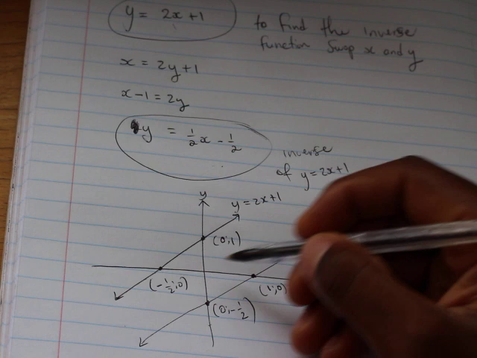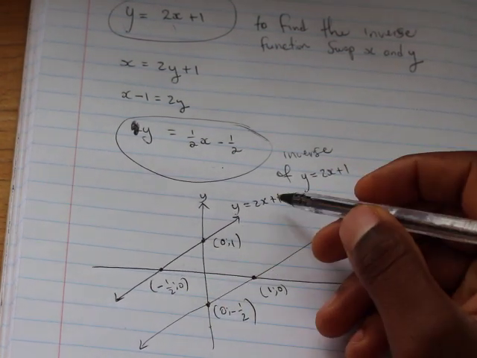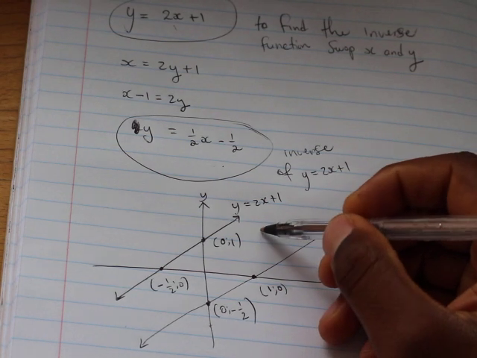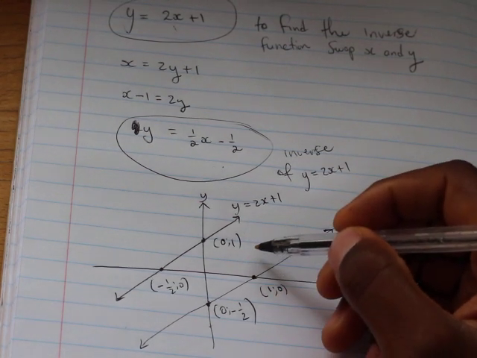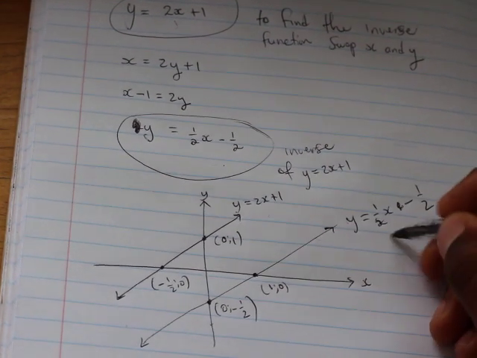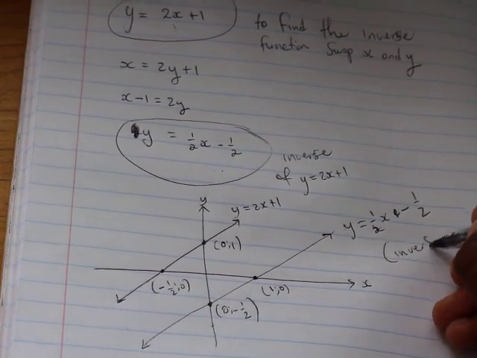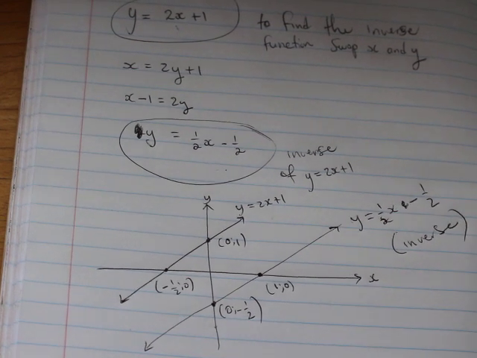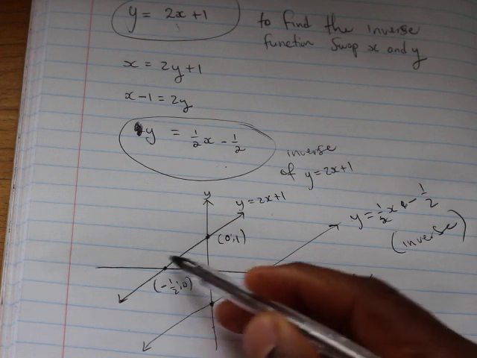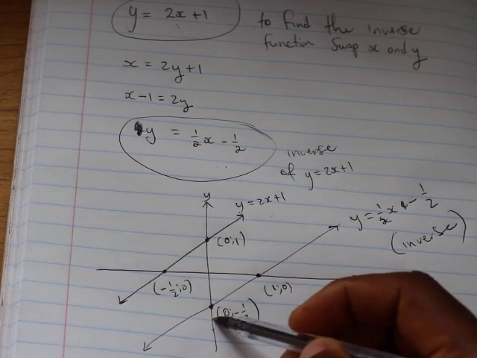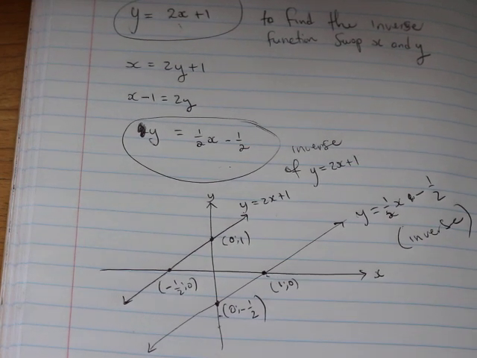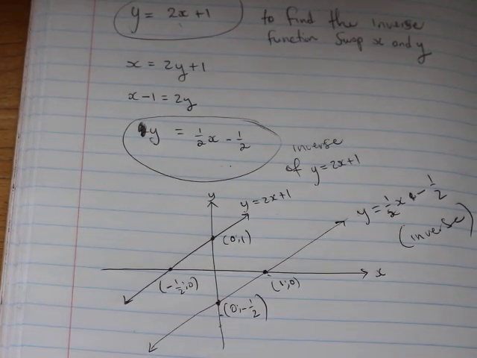In other words, we didn't have to calculate the x and y intercepts of the inverse function, because there is a relationship between the intercepts of the main function and the intercepts of the inverse function. So this is the inverse. You can see the x-intercept became the y-intercept this side, and the y-intercept this side became the x-intercept this side, and so on and so forth.